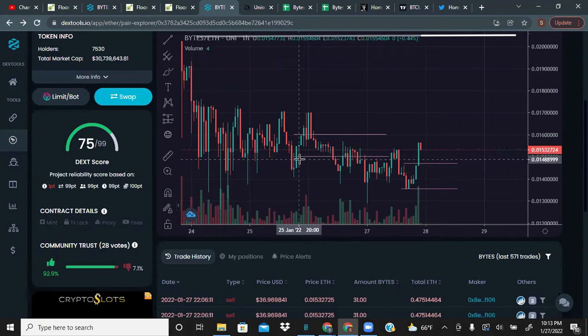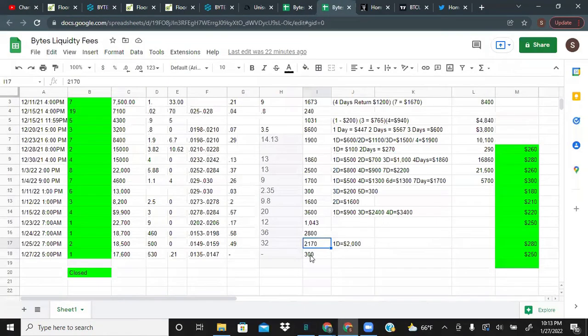So what I did is I created a new liquidity pool range between 0.015 to 0.016. And over the last couple of days, I was able to gain about $2,170 in fees. Now, the USD value of this changes due to the price of Ethereum and the price of bytes, but overall it is 0.49 Ethereum and 32 bytes.